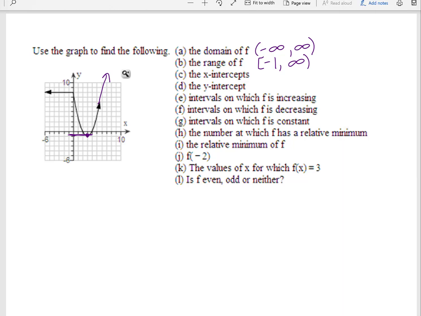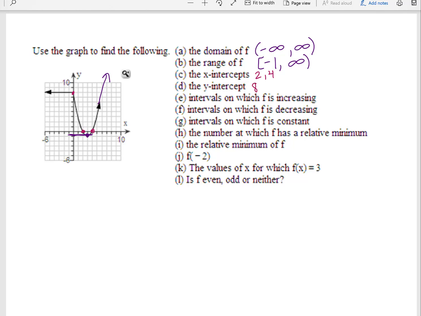X-intercept, so any place that my graph intersects the x-axis, I have 2 and 4. Okay, y-intercept, right there at 8. Intervals on which f is increasing.